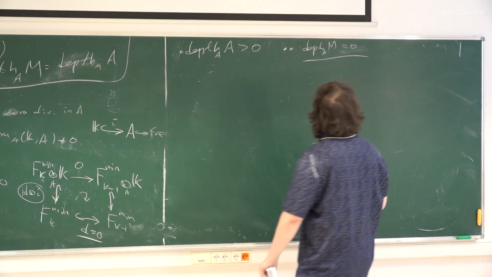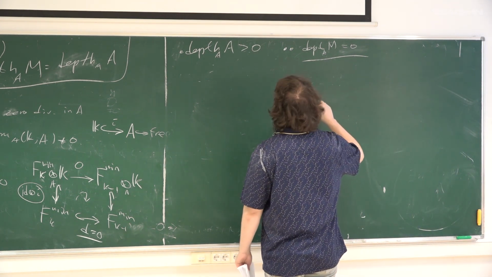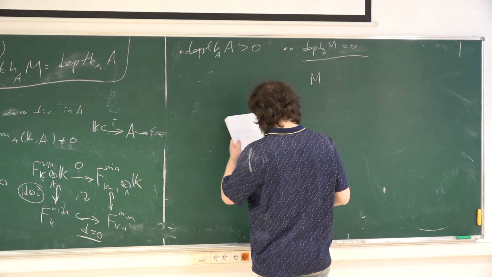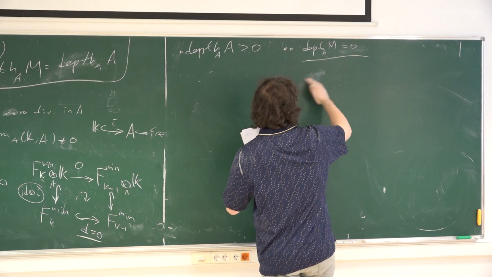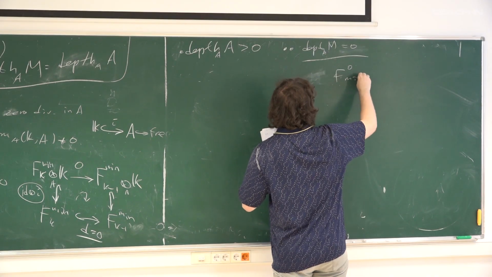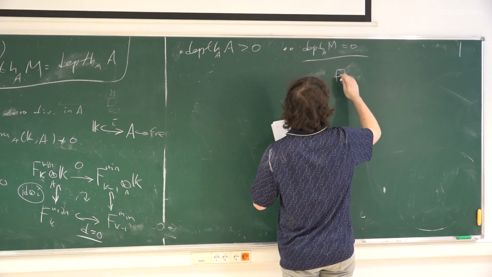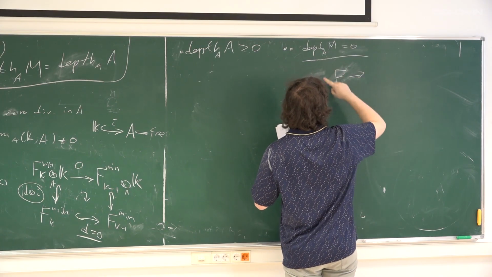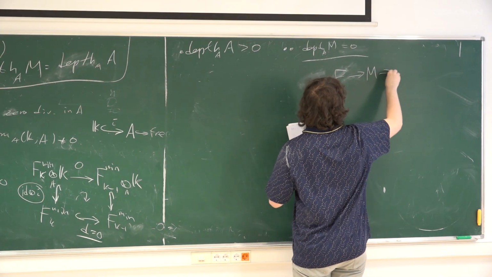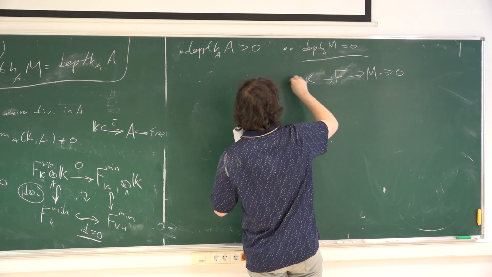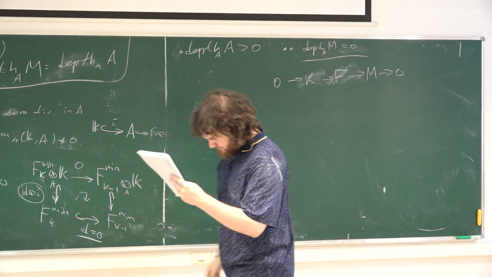Then I just consider the following thing. Consider the start of the minimal resolution. Maybe minimal is not important, just a projective, free resolution for simplicity: a surjection from a free module, and its kernel.